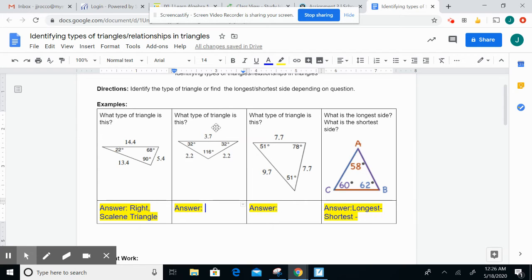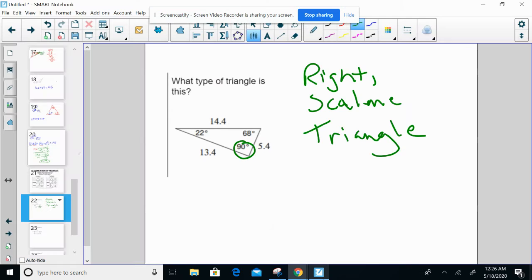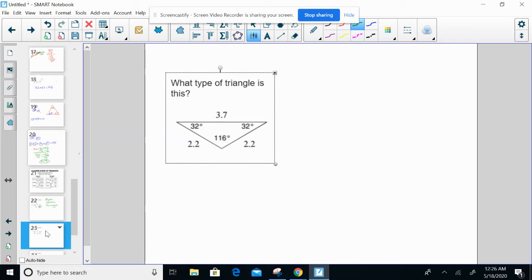All right, let's take a look at the next one. Let's look at the sides. Are any of the sides the same? Actually, yes, they are. We have two sides that are the same. So this is an isosceles based on the sides. And in terms of the angles, 32, 32, and 116. That means that this is obtuse.